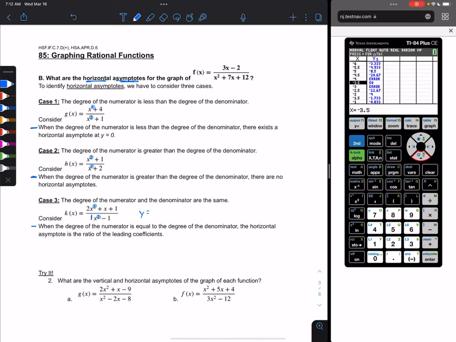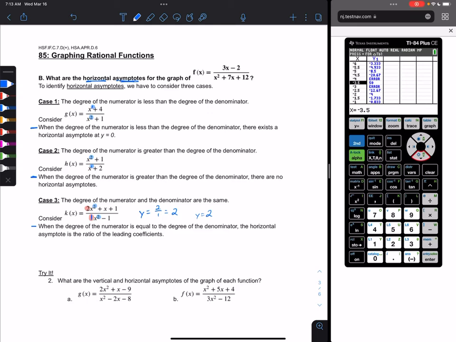We would have y equal to 2 over 1. And that 2 is from here, the 1 is from here. We're taking the coefficients. Now you could obviously reduce that to 2, so you would have a horizontal asymptote of y equals 2. In case 3, when the degrees are equal, you take the leading coefficients, and that will be your horizontal asymptote.